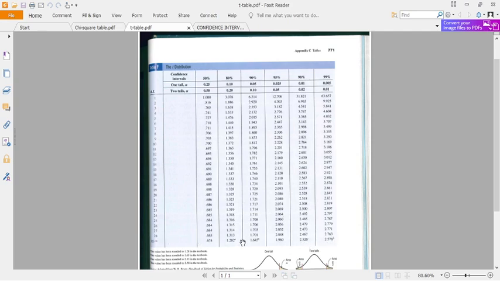So you just come to your Z table, then you choose the value for Z alpha over 2 that corresponds to the given confidence level.